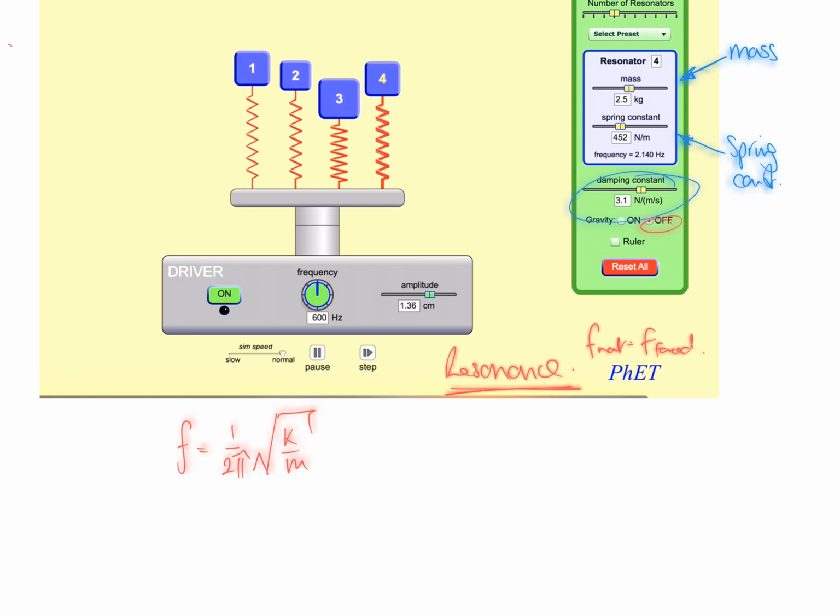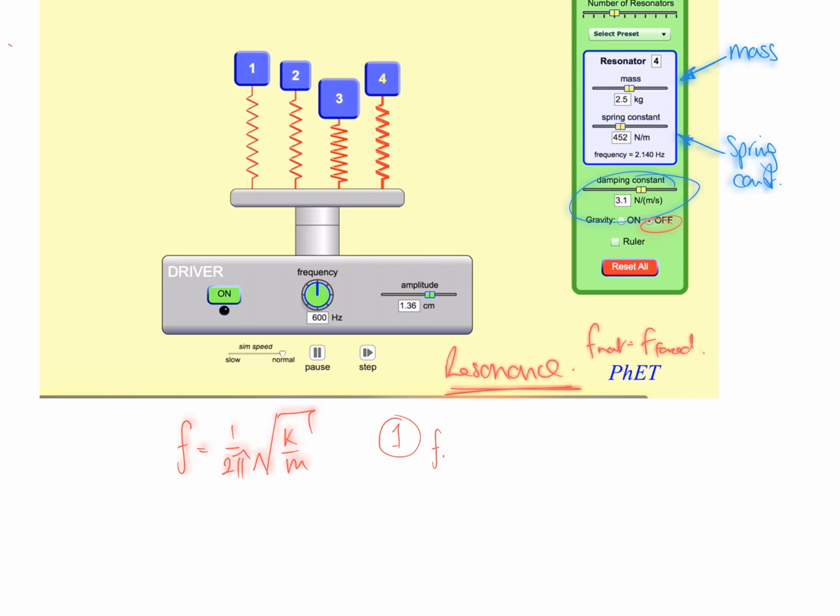Let me write them down here. Number 1 had a mass of 2.5 and a spring constant of 100.